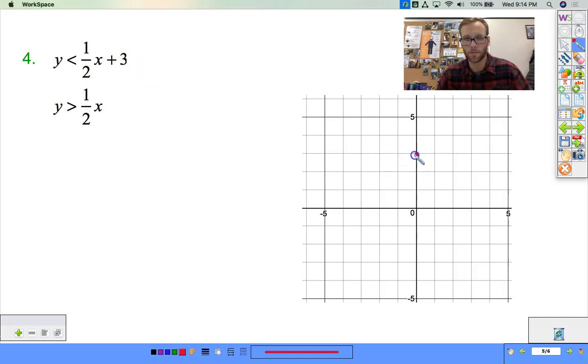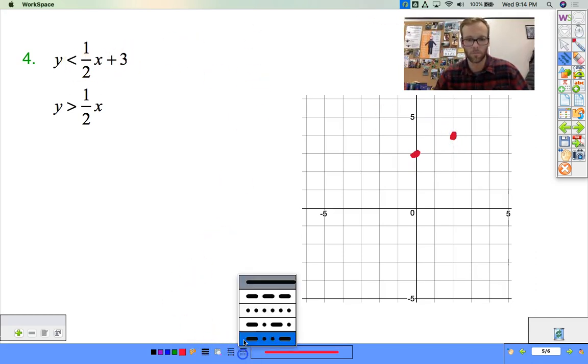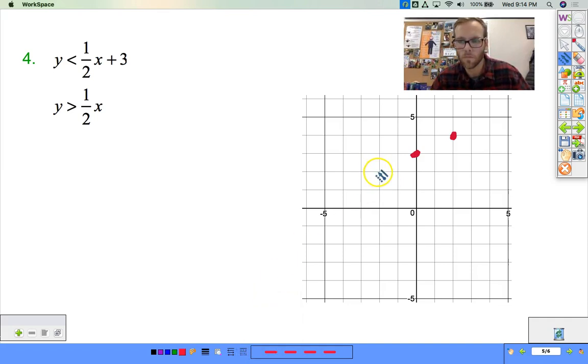Our first one, y-intercept is 3. Slope is 1/2, up 1 over 2. This line is dashed. Are we shading above or below this one? This one is below.